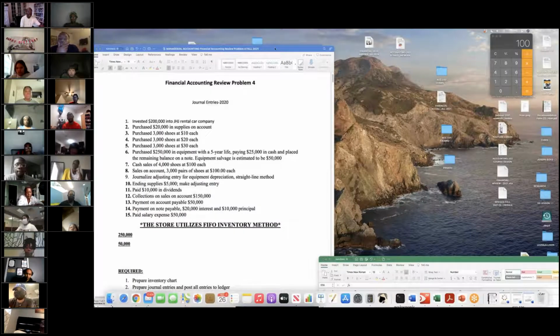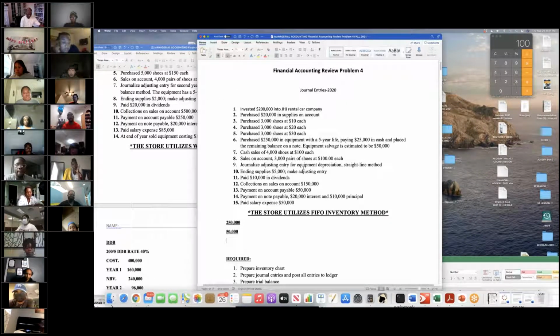Okay, when we do straight line depreciation, we're going to look at the cost of the equipment, less the salvage value, and so you're only going to be depreciating 200,000. Straight line.